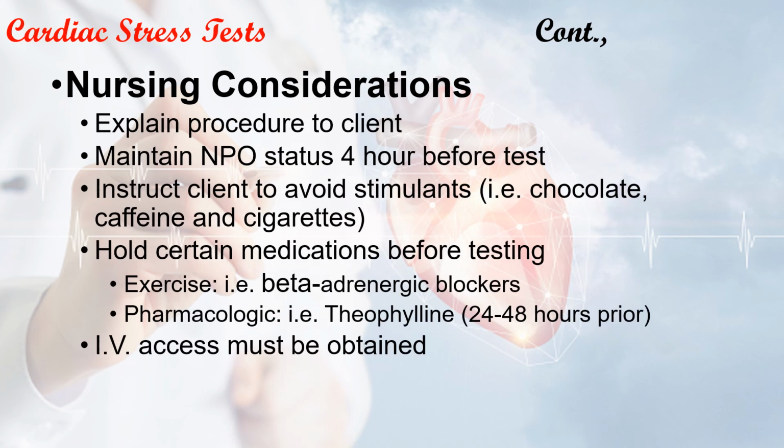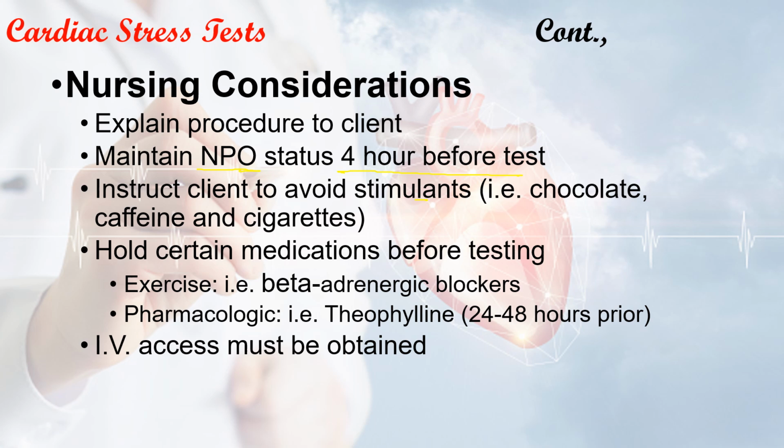Other nursing considerations: explain the procedure to the patient, maintain nil per oral for 4 hours before the test, instruct the client to avoid stimulants like chocolate, caffeine and cigarettes, and hold certain medications before testing.